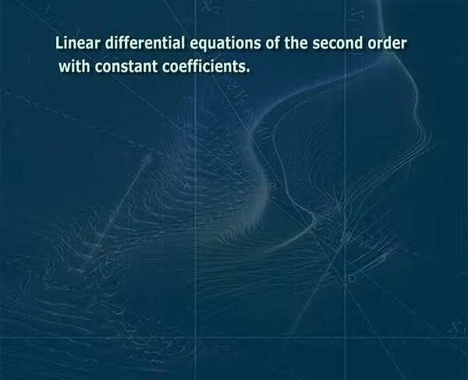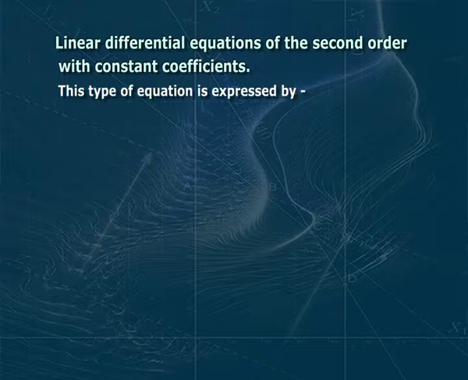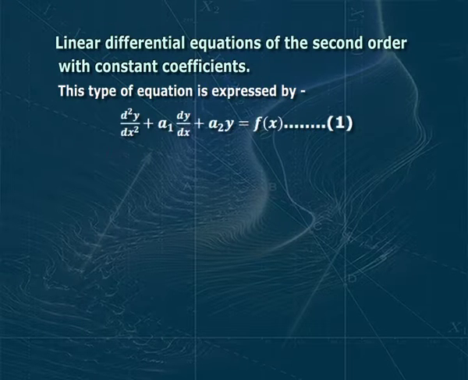Now friends, let us have a look at linear differential equation of second order with constant coefficients. This type of equation is expressed by d raised to power 2 y by dx raised to power 2 plus a1 dy by dx plus a2 into y, which is equal to f of x, which is our equation number 1.